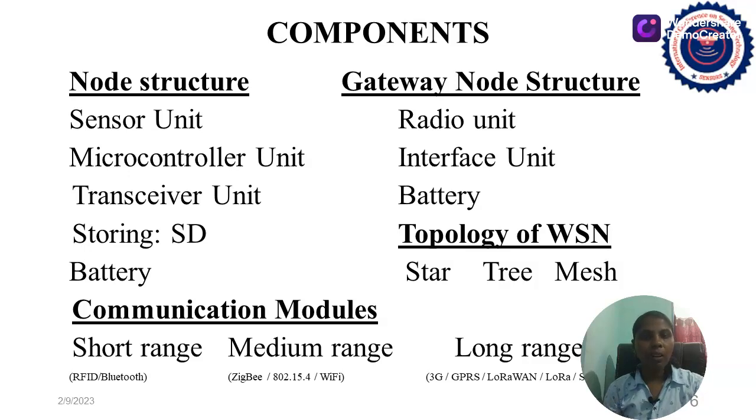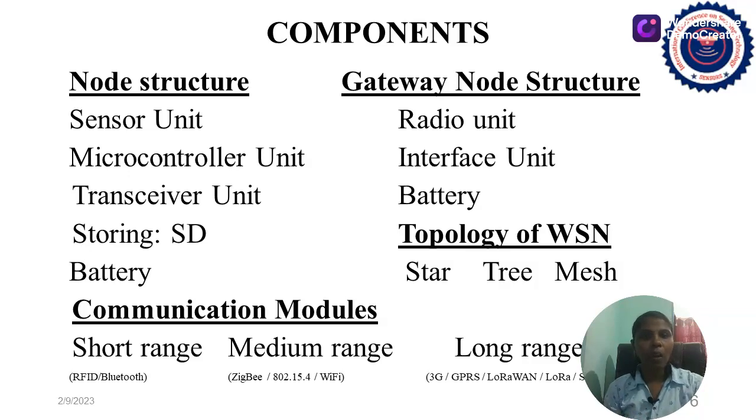So this is a small device, and its capacity is only at a minimum level. Then there is a gateway. The gateway has a radio unit, interface unit, and battery. For communication modules, we can use short range as well as medium range communication.